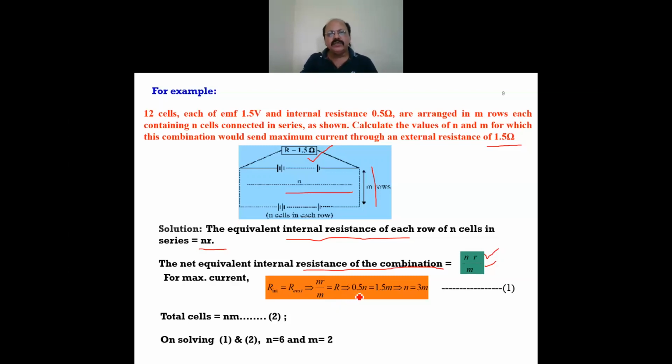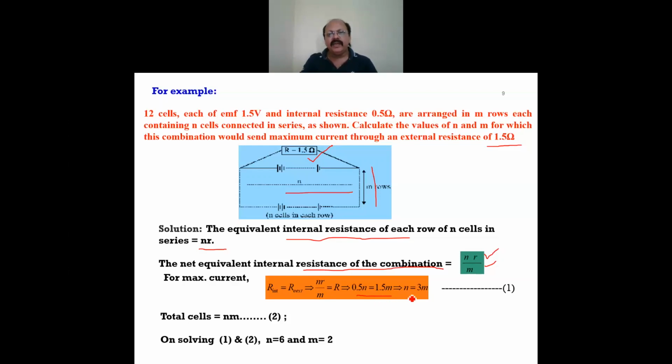Then you substitute the values here. Internal resistance is 0.5 into n, which is equal to 1.5, the external resistance, into m. So 0.5 n equal to 1.5 m.